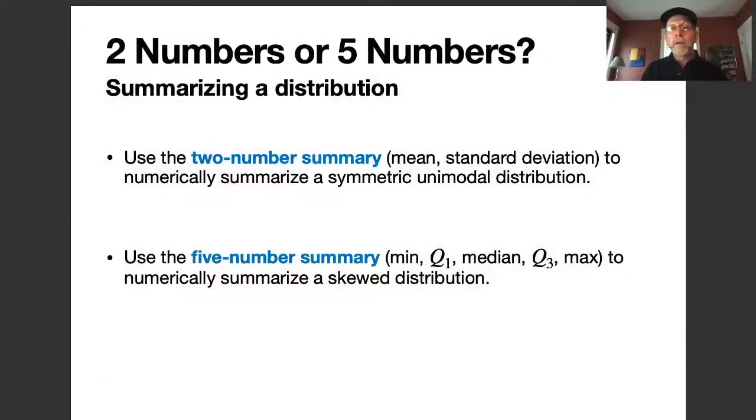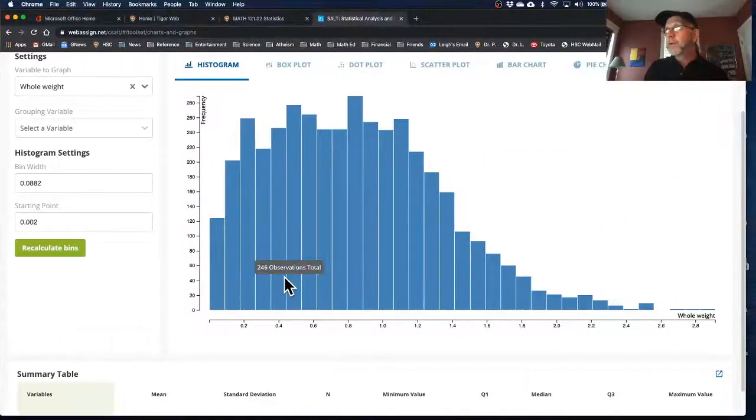I encourage you to play around with some of these concepts, particularly using the SALT tool that we have. In fact, let me give you a quick tour of that because it really helps to get an idea of how these things work.